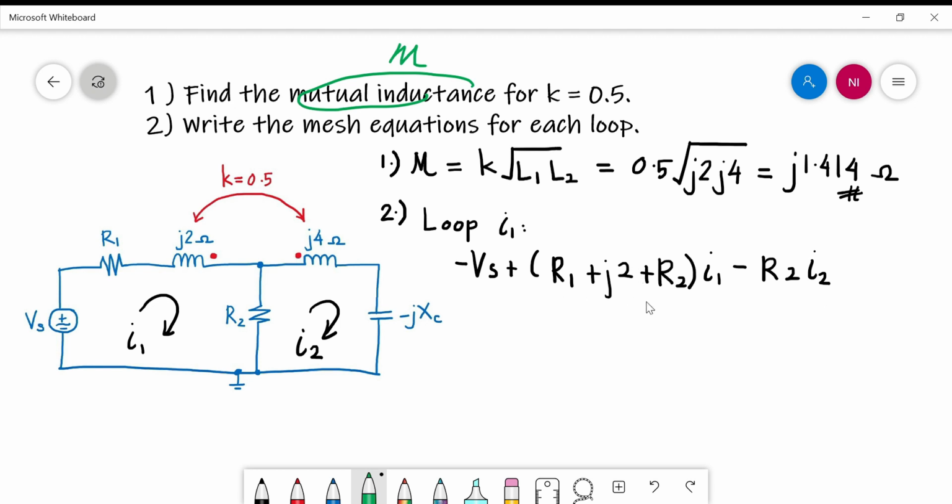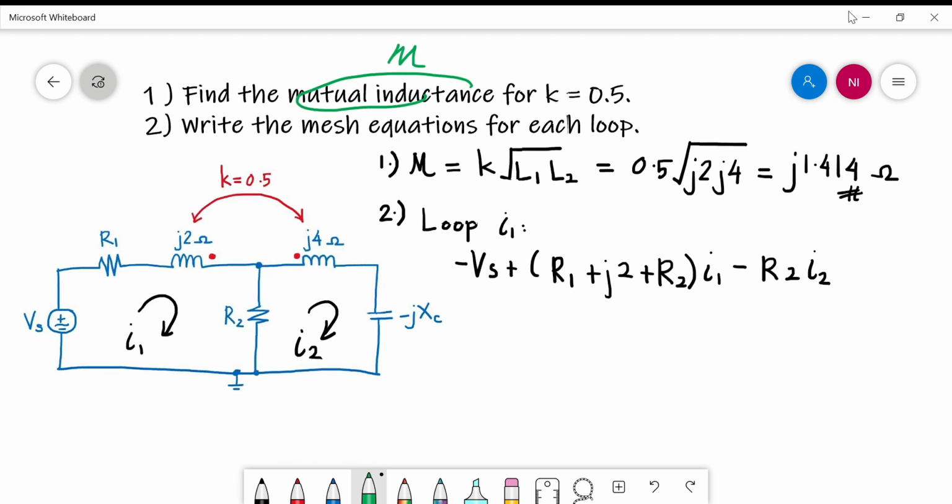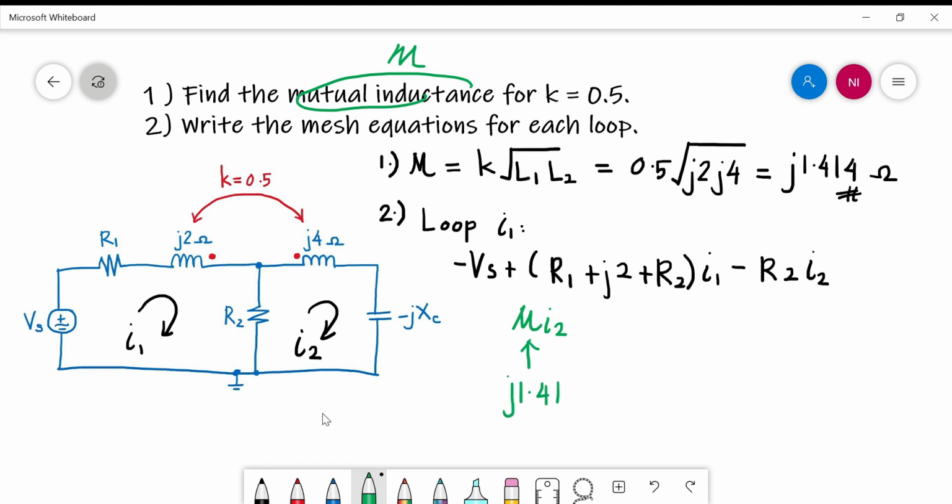We know j2 I1 is the voltage across this j2. This j2 is coupled with this j4, so the voltage across here is also induced by the current I2. So your term will be M because of current I2, where M, which we got from part 1, is j1.414 ohms.